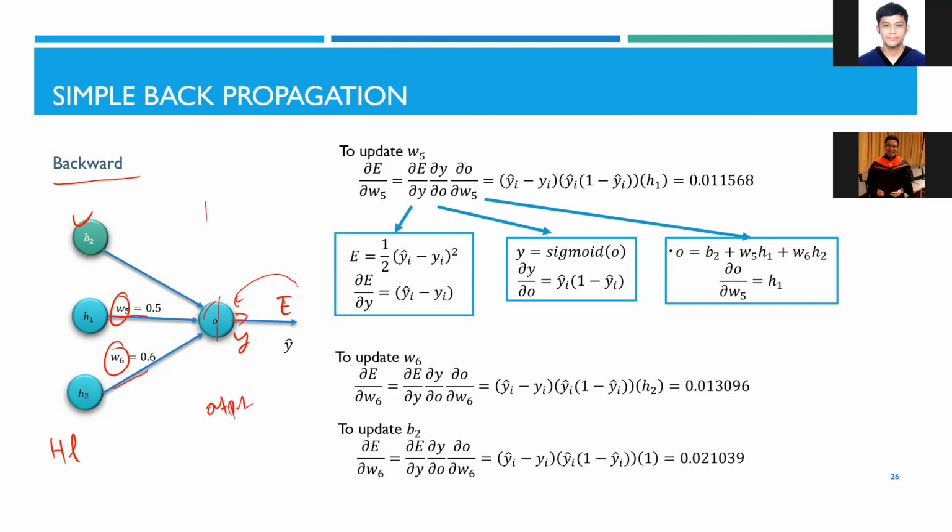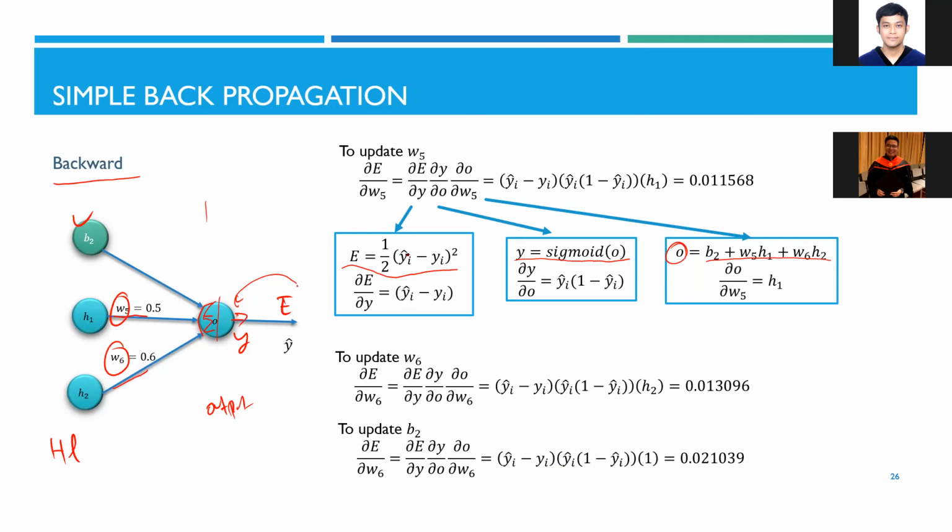For O, when we do the forward, O here is the summation of the inputs like this. And Y here is the sigmoid of O. And E is a function of the predicted output, this one, Y hat.